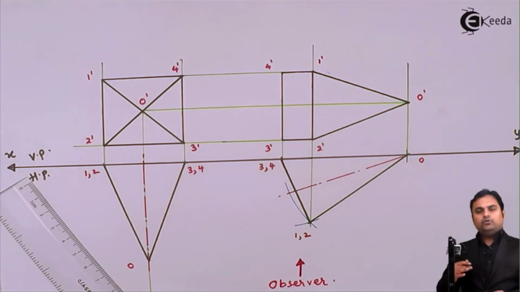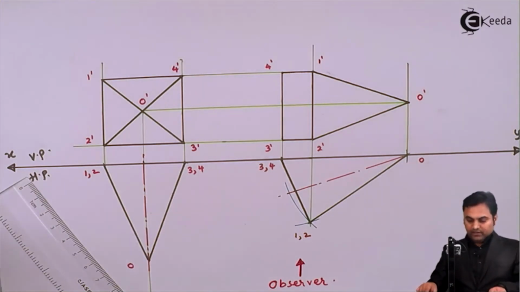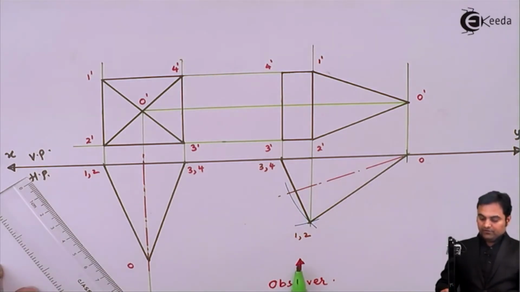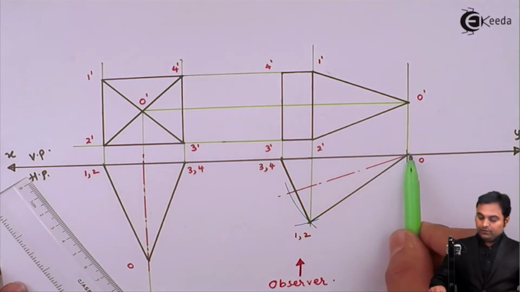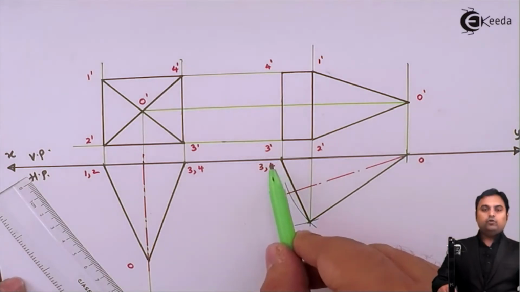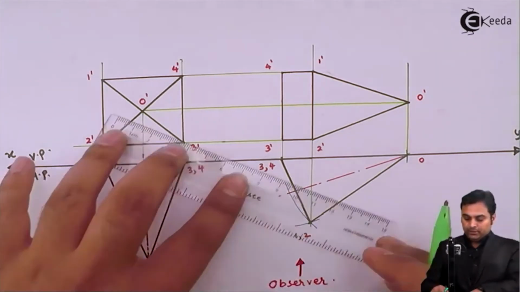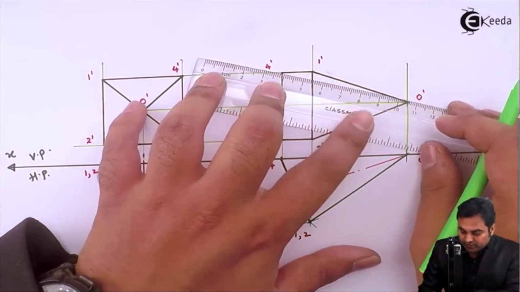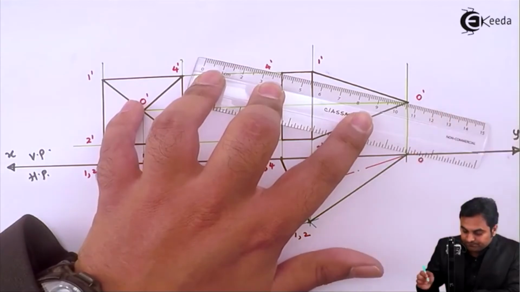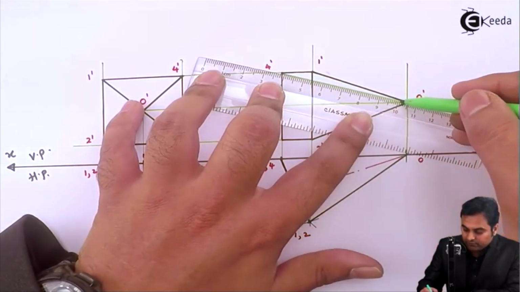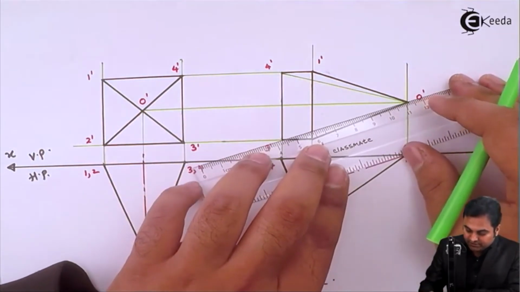Next, about the hidden portion. If we see here, observer is fixed. This O34, which is the triangular face, is away from the observer. So that needs to be hidden. So first I'll connect this with a light line, that is O dash 4 dash and O dash 3 dash.